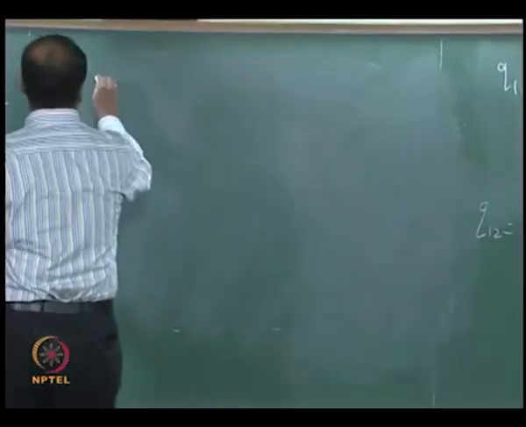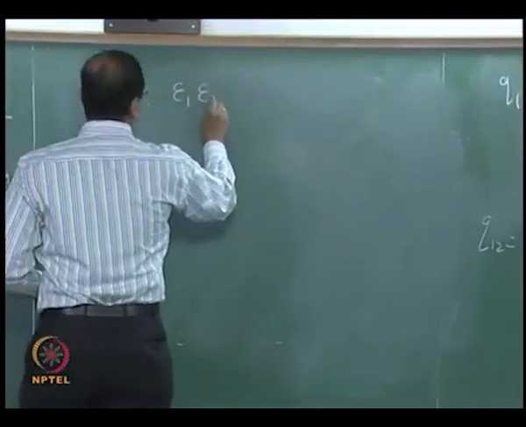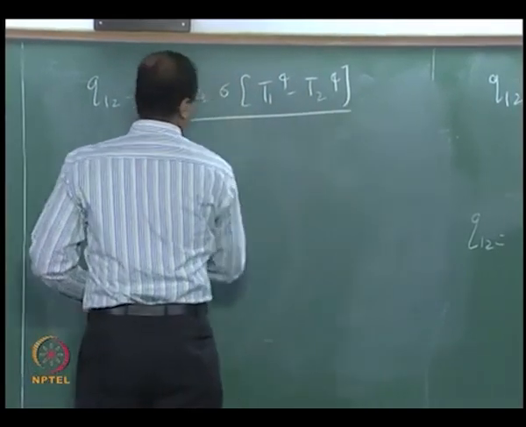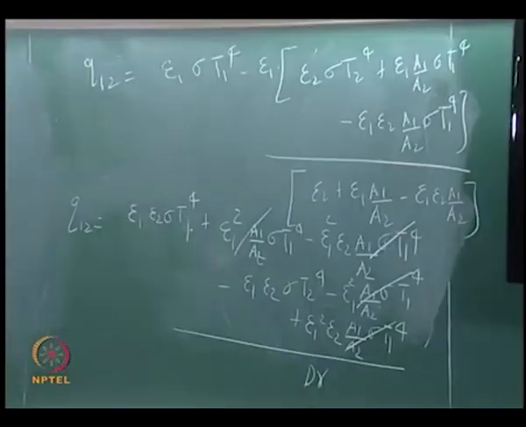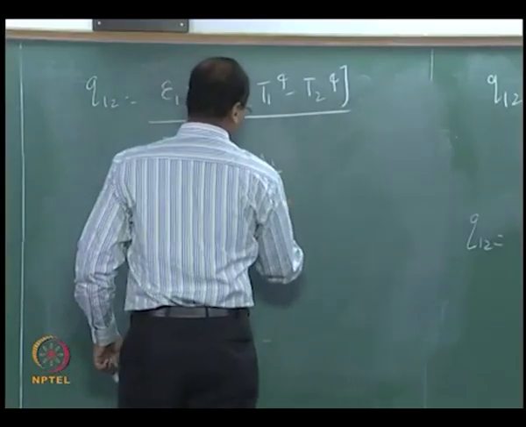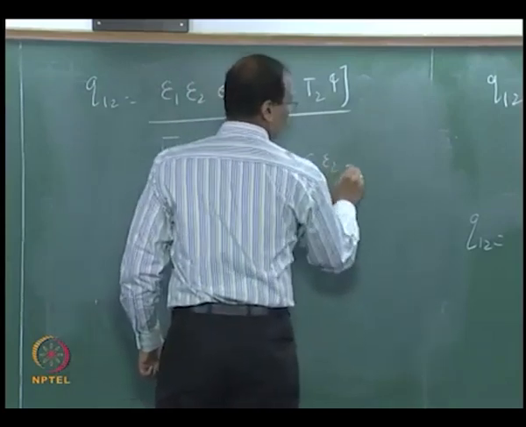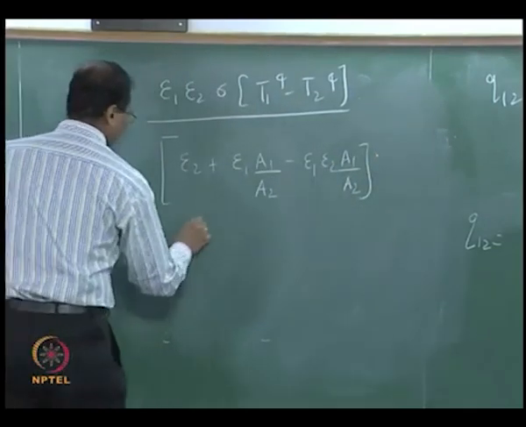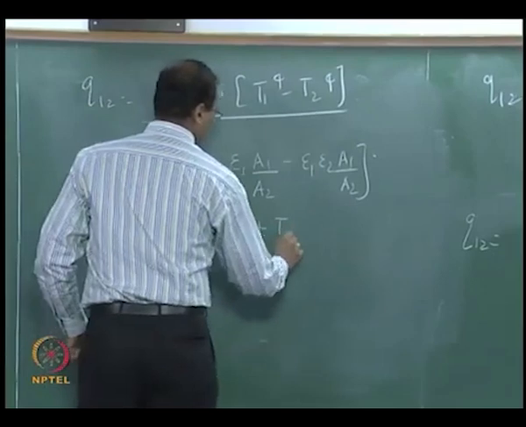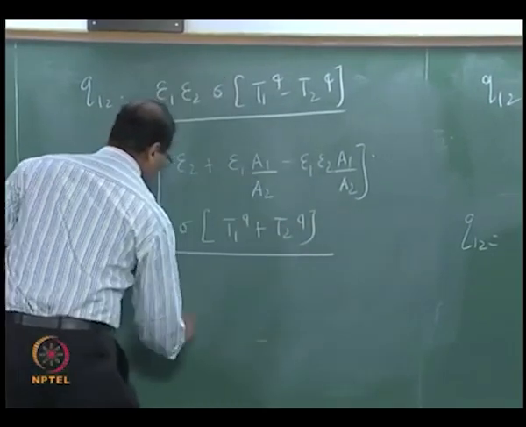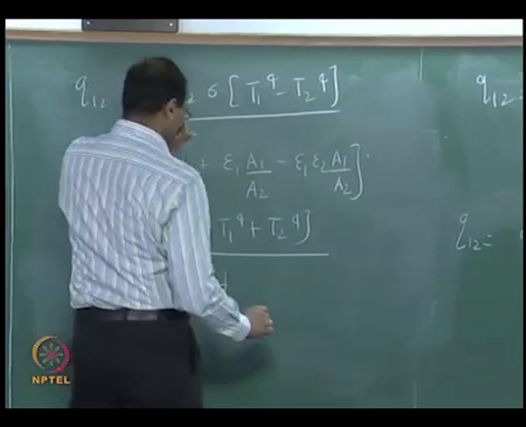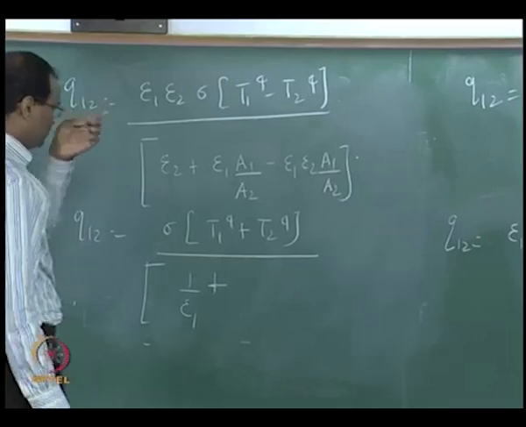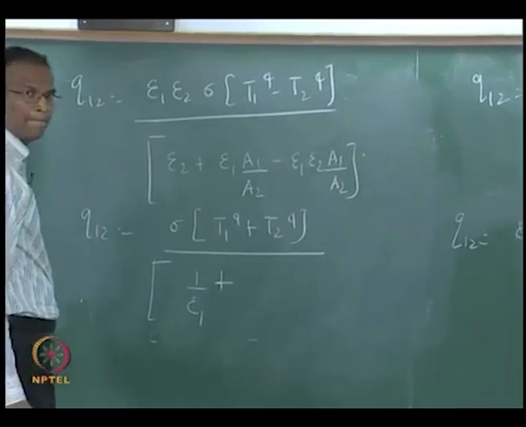Okay, so Q12 is 1 by, correct? Now what do you want to do? 1 by.